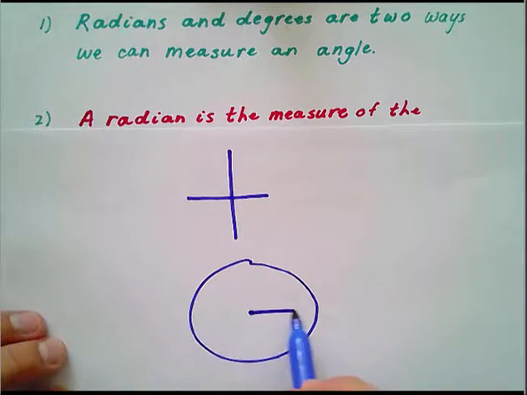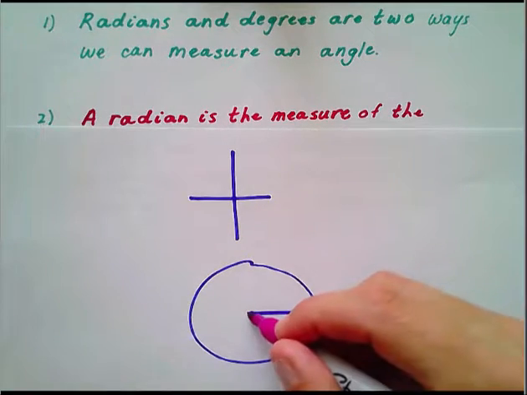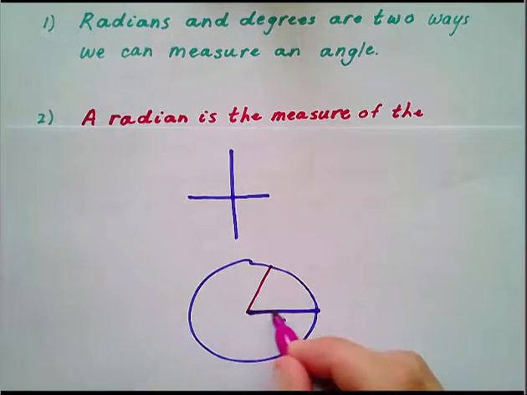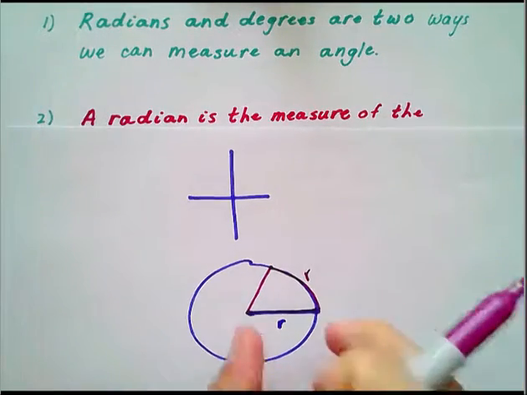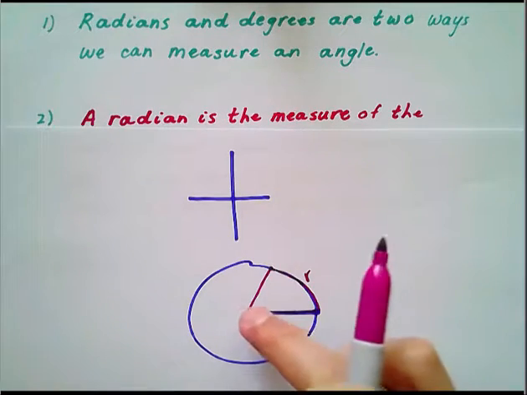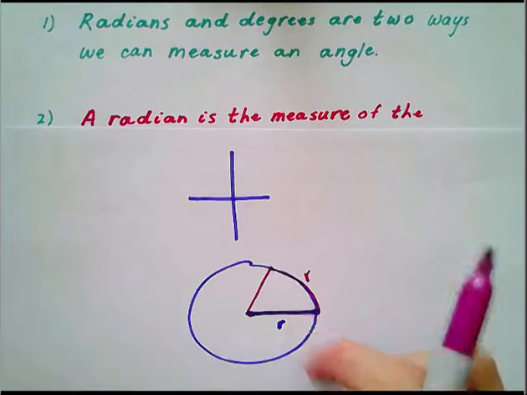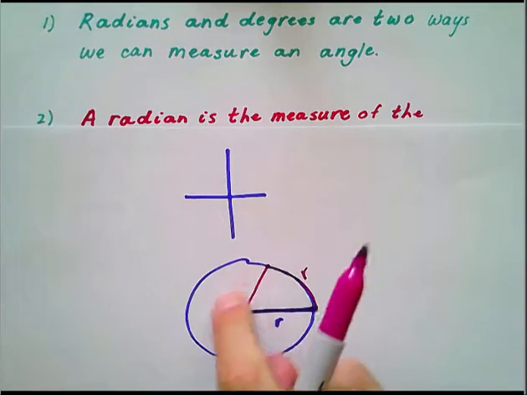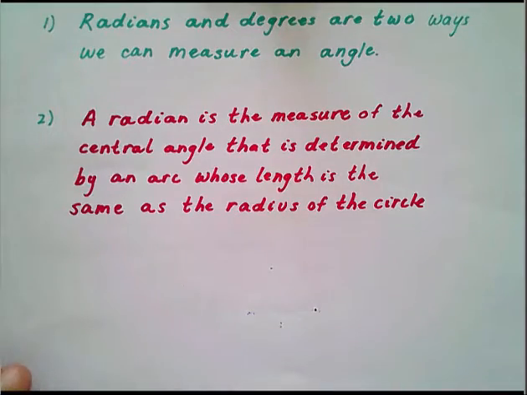Let's say this is R. Now if our central angle, and I'll try to measure this, if this length is equal to this, that's a radian. So if we pick up this piece and lay it out here, and if this length and this length are the same, that is 1 radian. And we're going to do an activity in class and talk about that. So that's what that red thing is really just stating.